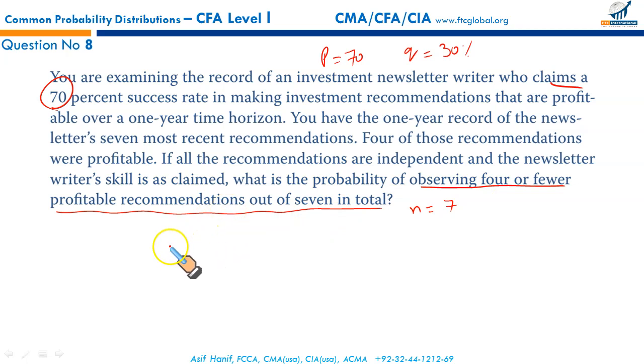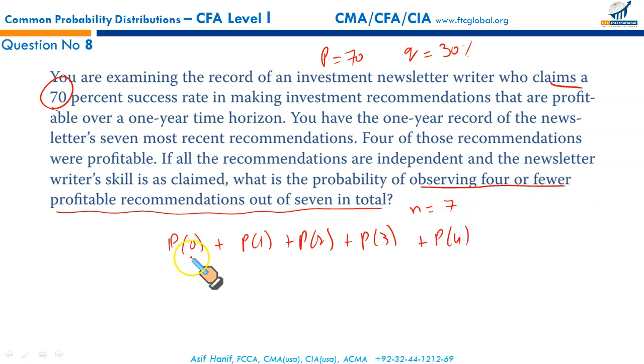That means you add up all the probabilities from P0 all the way to P1, P2, P3, and P4. 4 or fewer means it could be 0, none out of those 7, or as high as 4, so 0 to 4.